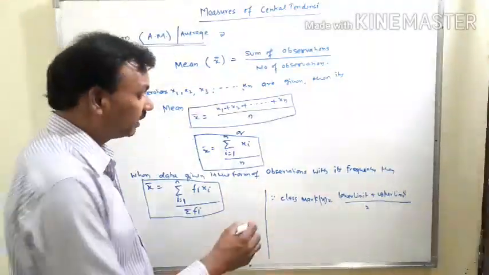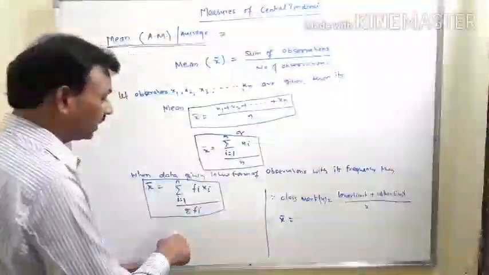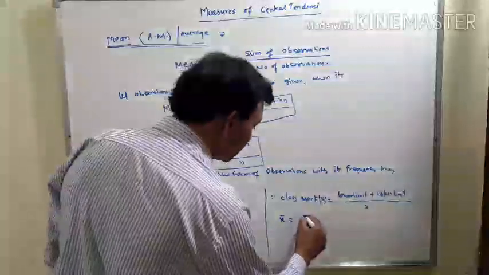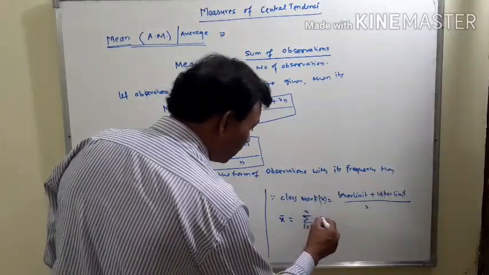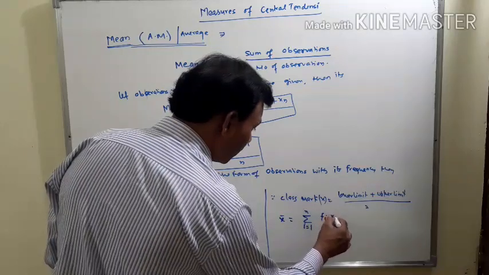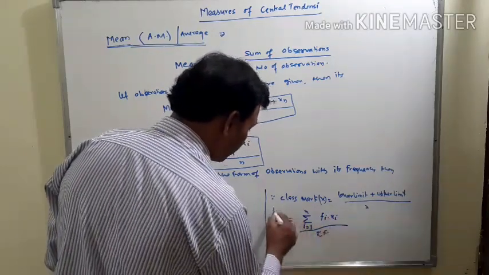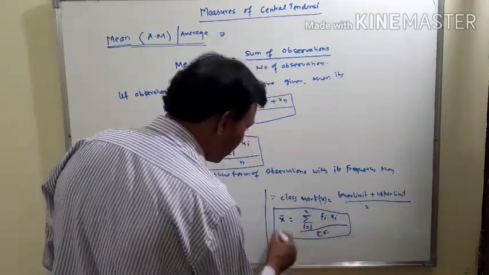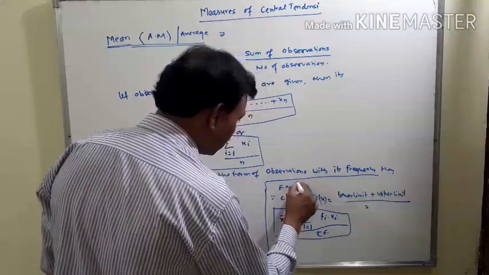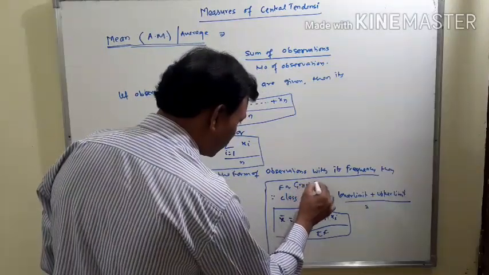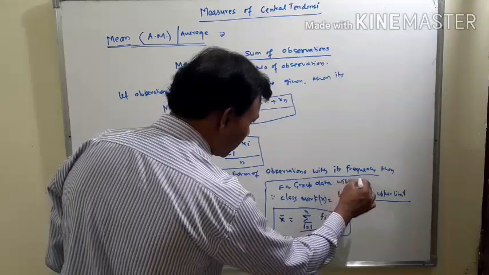Then we can find x bar with the help of this formula, summation I equal to 1 to n fi into xi whole upon sigma f. This is for group data with frequency.